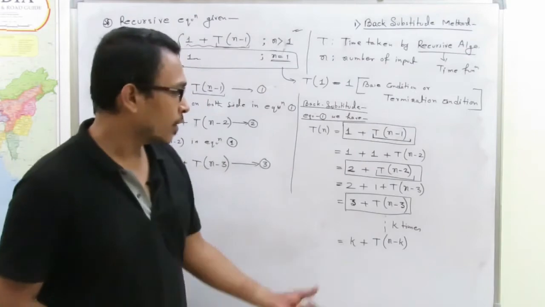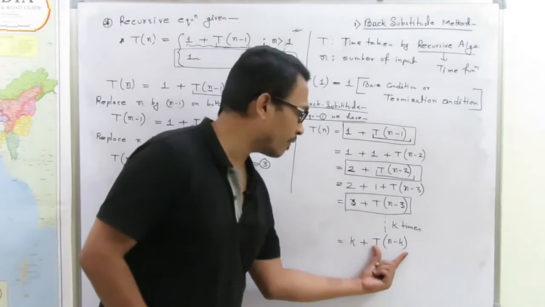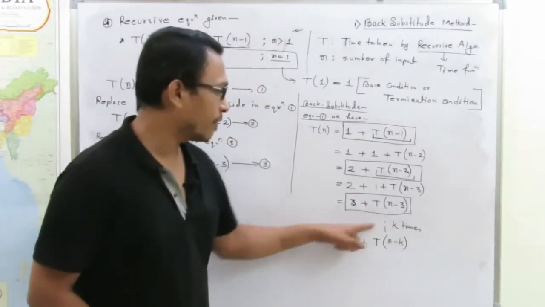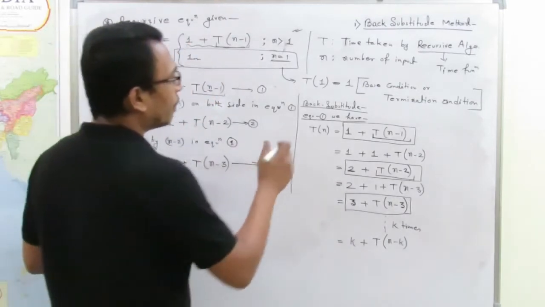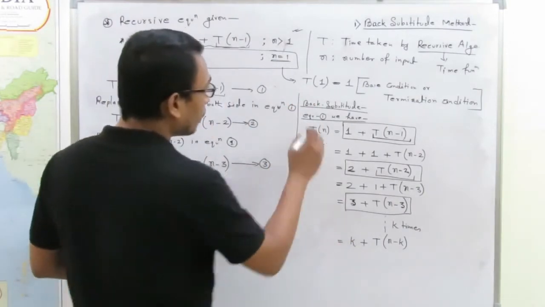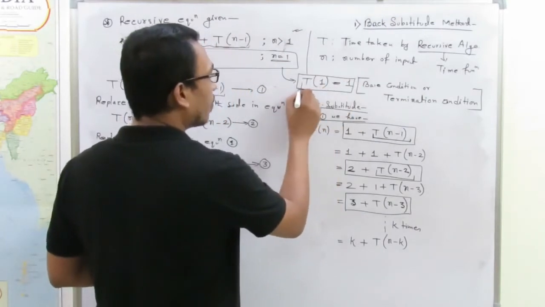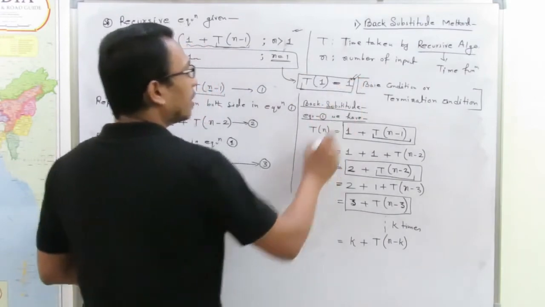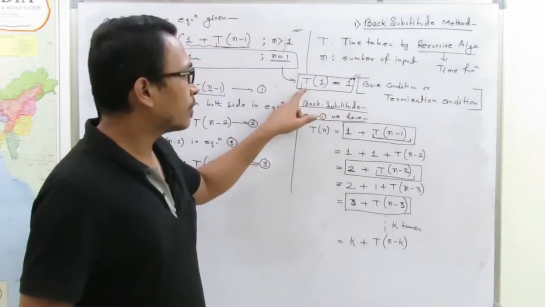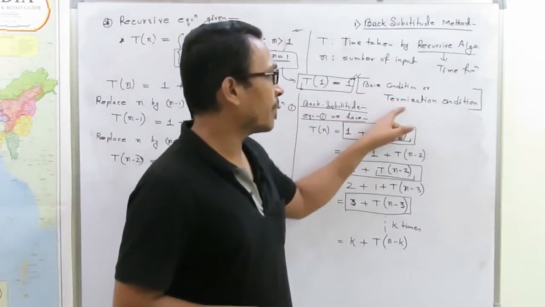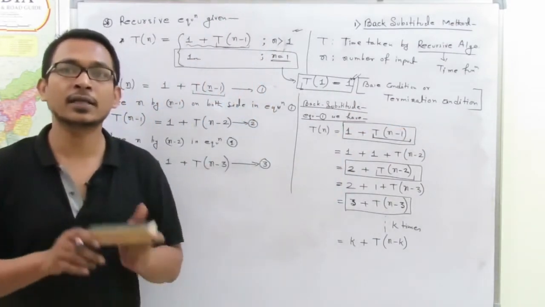We can remove this function t from this definition only when the value of t of 1 is 1. When we get t of 1, only at that time we can replace that function t of 1 by 1. Clear? That's why this is called the base condition or termination condition.